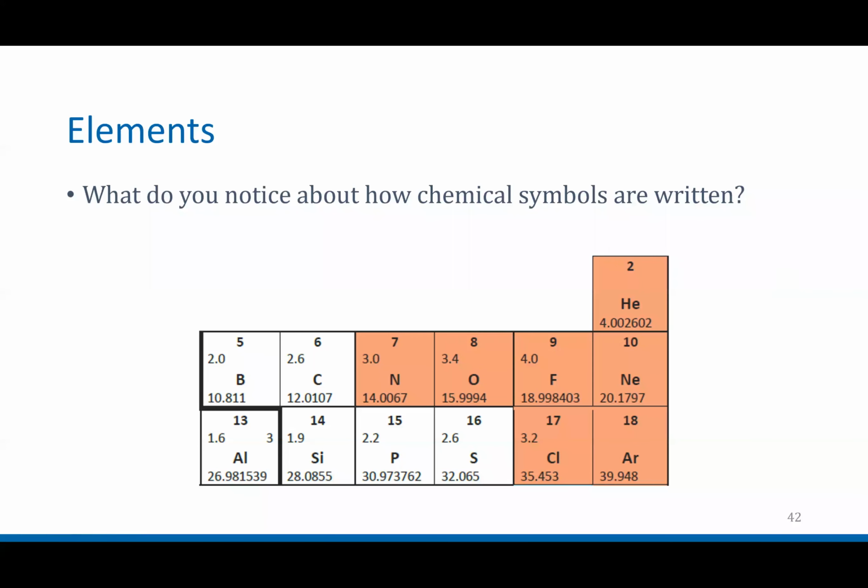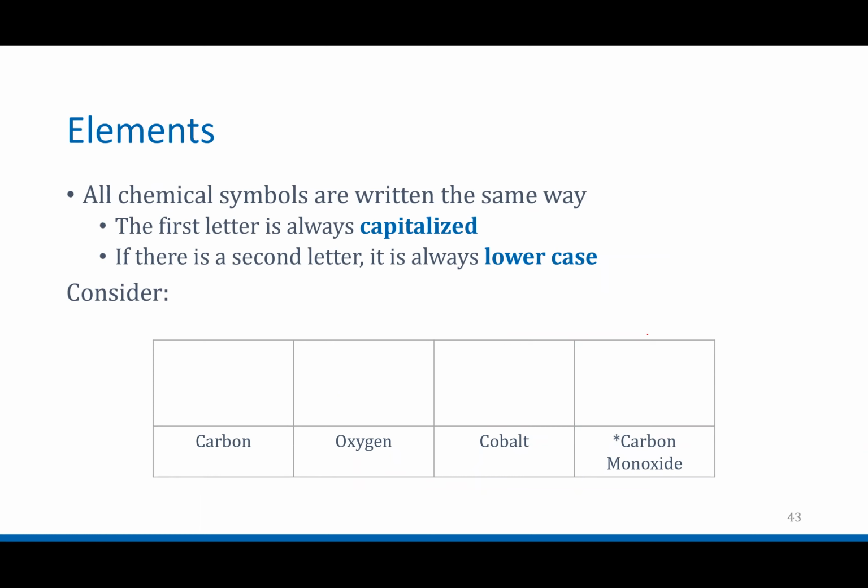This isn't English or communications class or grammar. Why does it matter? Well, I can show you why it matters really easily with this slide. The first letter is always capitalized, and by capitalized, it's a hard word to say, I think, I mean uppercase. If there's a second letter, it's lowercase.